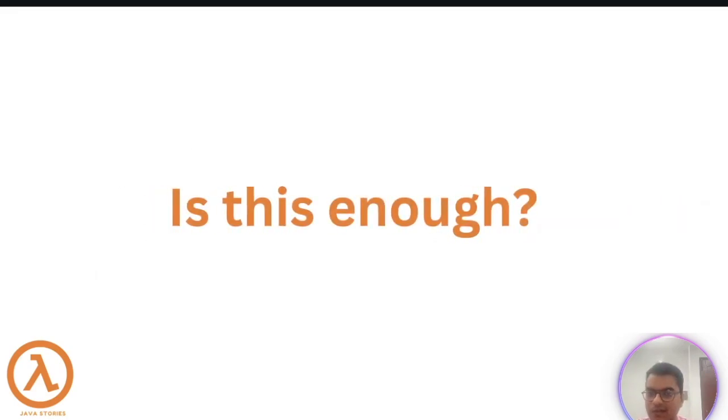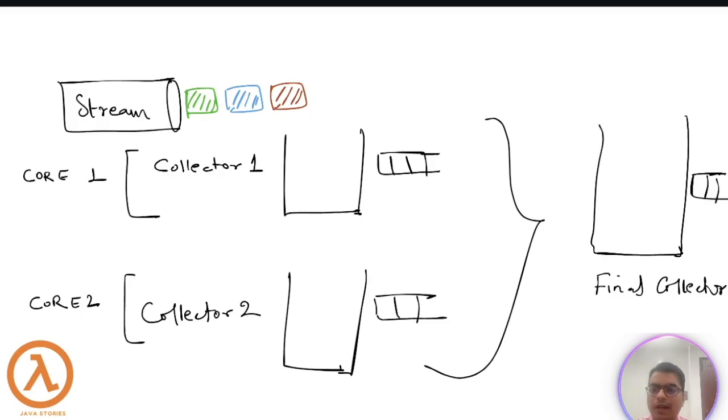Is this enough? Do we want any other step? Let's see. What happens if we are working in an environment where we have multiple cores? This is quite common in any machine today. We have a lot of cores, 3 cores, 4 cores, 16 cores. CPUs are coming with many cores nowadays.